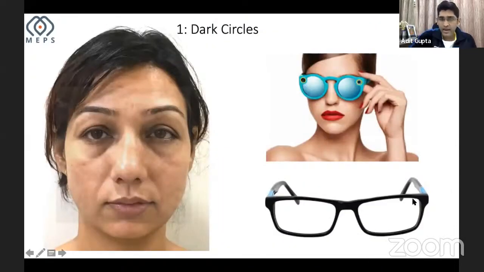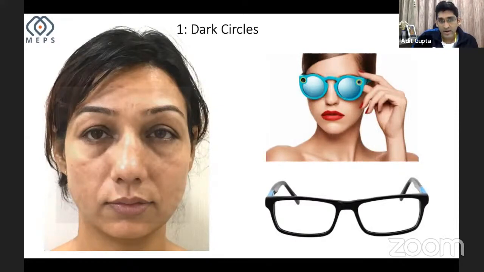Now, coming to case scenarios which are ideal for us as ophthalmologists to deal with, Dr. Milind has published a paper about how post-refractive patients need to undergo photography without their glasses before undergoing a refractive surgery, because a lot of them attribute these under-eye circles and darkening to LASIK surgery.